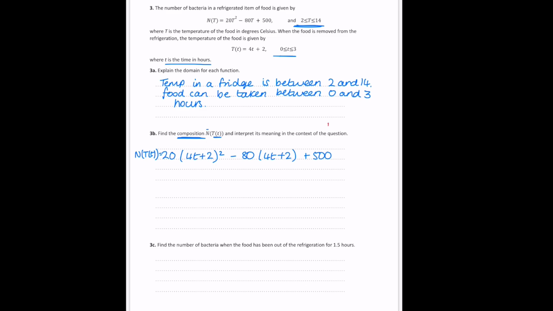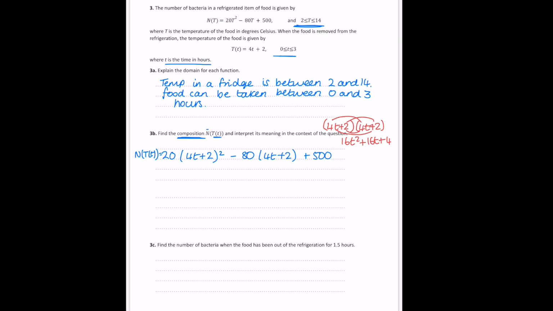So we have 4t plus 2 times 4t plus 2. So we need to remember to do both of those parts. So that's going to give me 16t squared plus 8t plus 8t, and then plus 4.